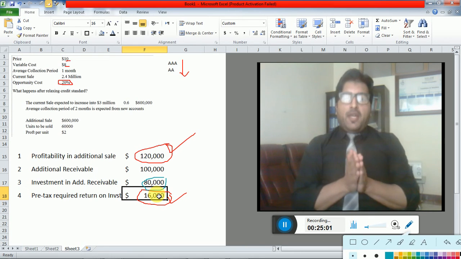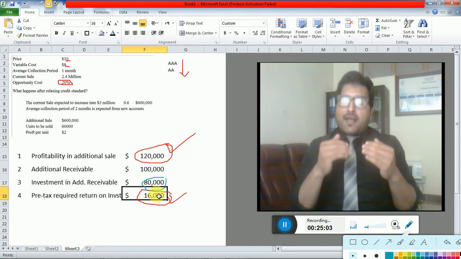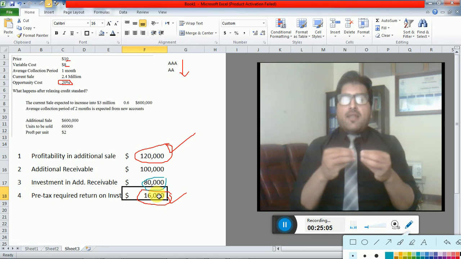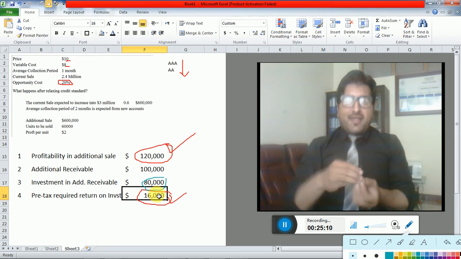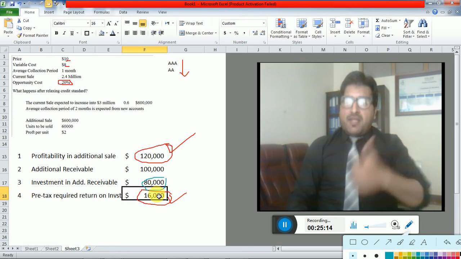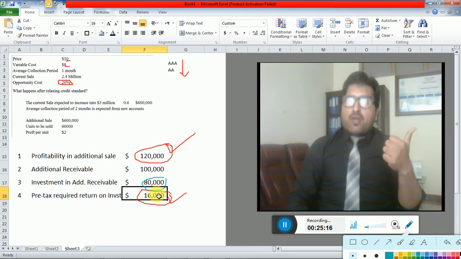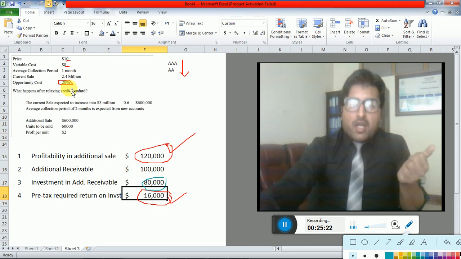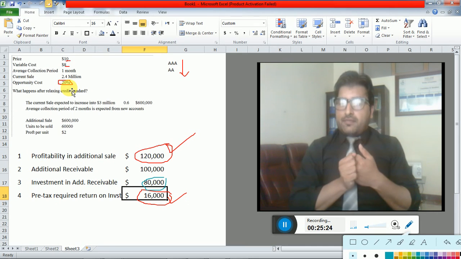So what do you say? If you do not lower the credit standard, then this $80,000 will not be closed in this process. Then the other opportunity, the next best opportunity, what we call opportunity cost, is a bank, and that bank is giving us, for example, 20% interest. Clear?